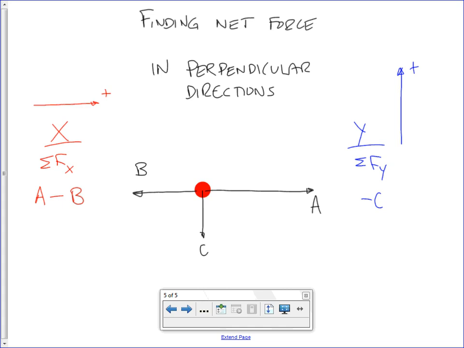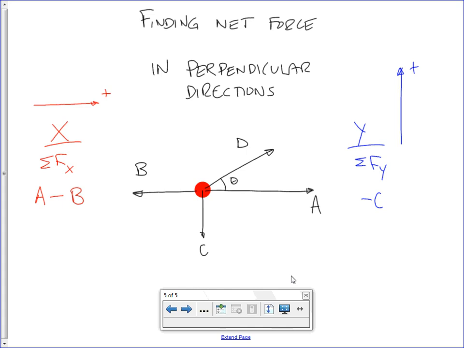Okay, let's say that we add a fourth force, and let's say we added this one, D. And let's say that D pushes or pulls at some angle like that, theta, as measured from the horizontal. Now, what does that affect? Does that affect our x direction statement or our y direction statement?